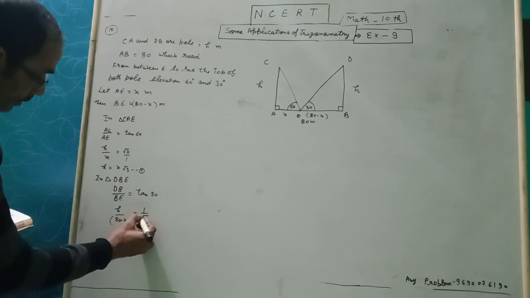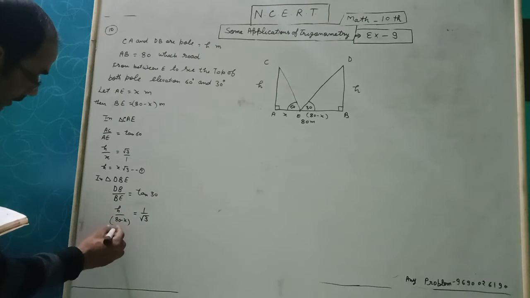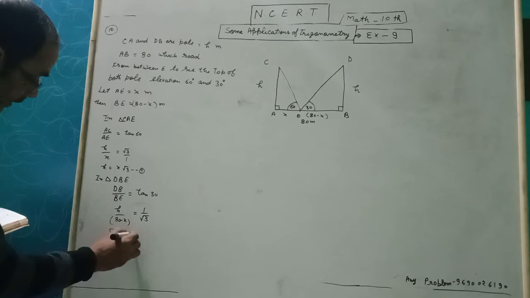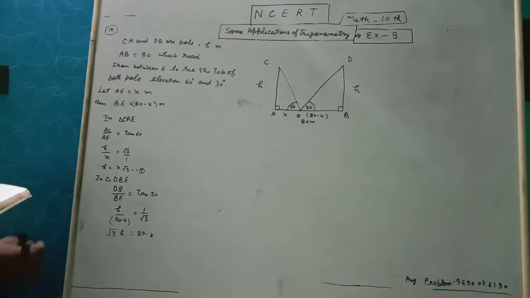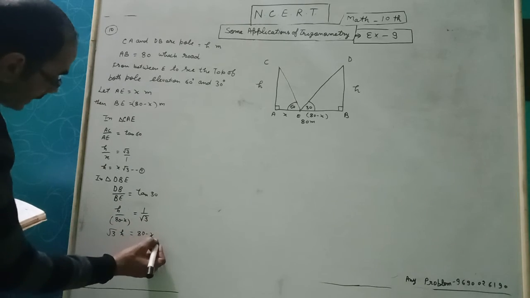After cross multiply, under root 3 h is equal to 80 minus x. That is equation second.